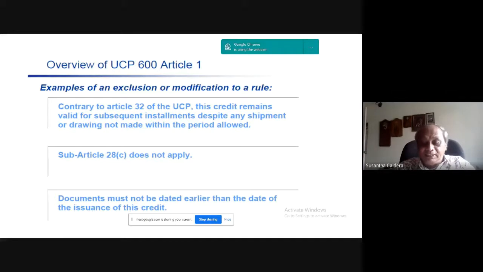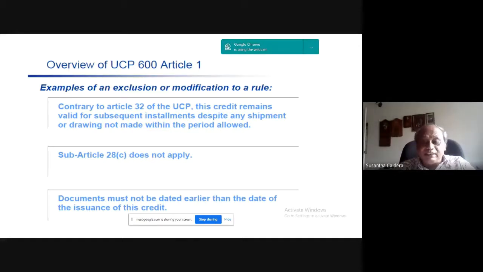What is 28C? අතේ තියෙනවා නම් UCP එක පෙරලලා බලන්න, මේක තමයි ඉගෙන ගන්න හොඳම දේ. 28C under insurance: cover notes will not be accepted.